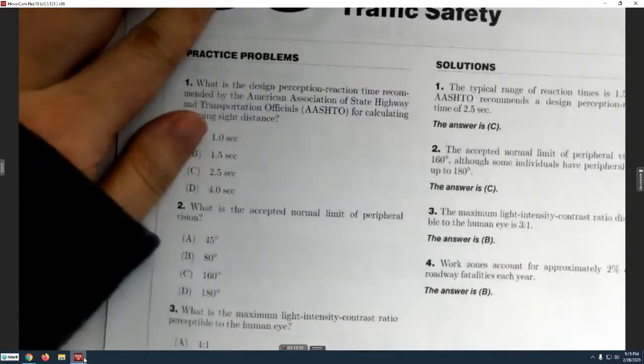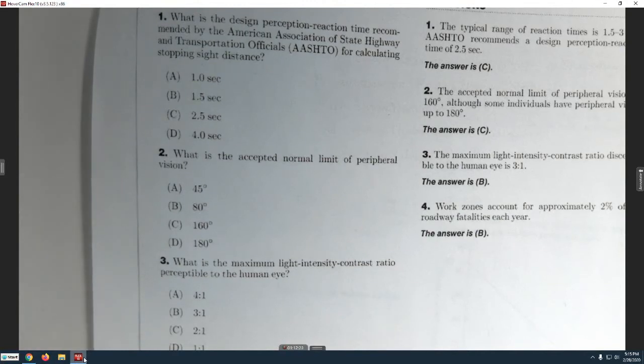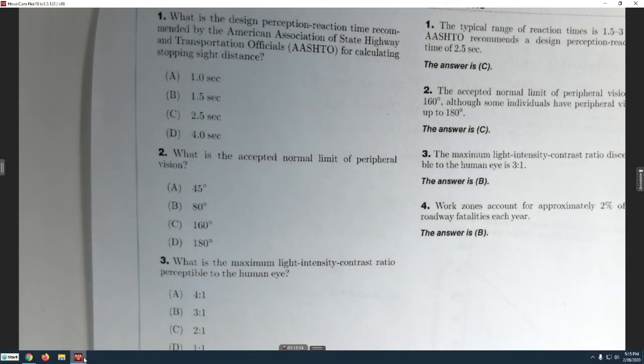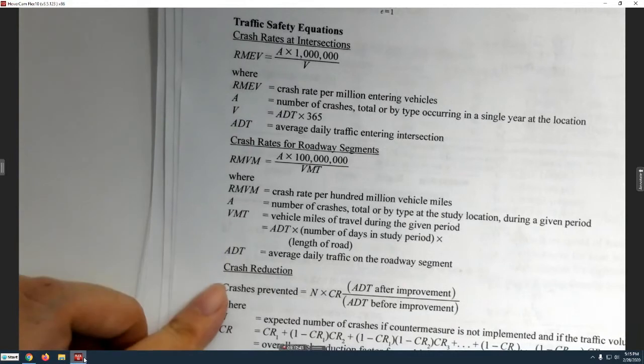Next one. Let's see if we covered everything in the reference book now. We covered almost everything in this reference book except for something on page 178, traffic safety equations. There are still some formulas that we haven't had a chance to use.